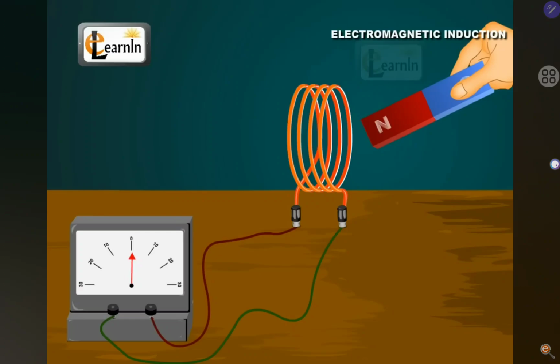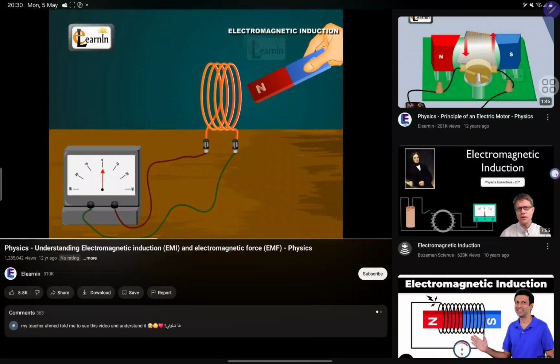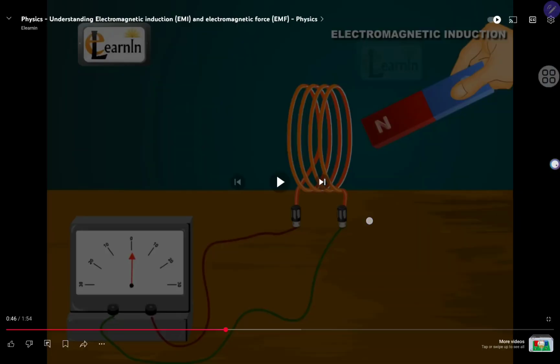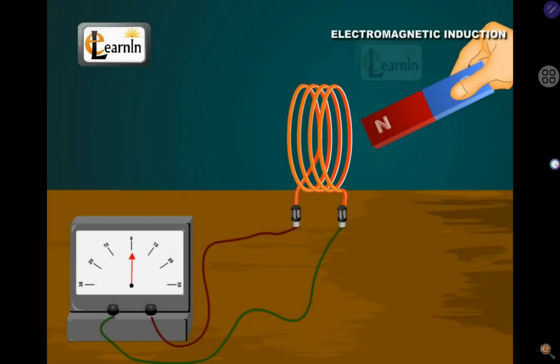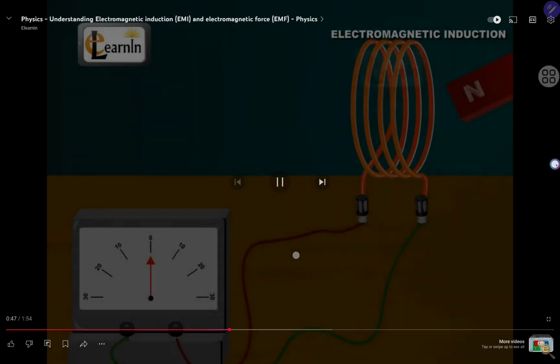When they take the magnet far away from the wire, the magnetic field also decreases, and this decrease of magnetic field produces an induced current inside the wire. You see that?